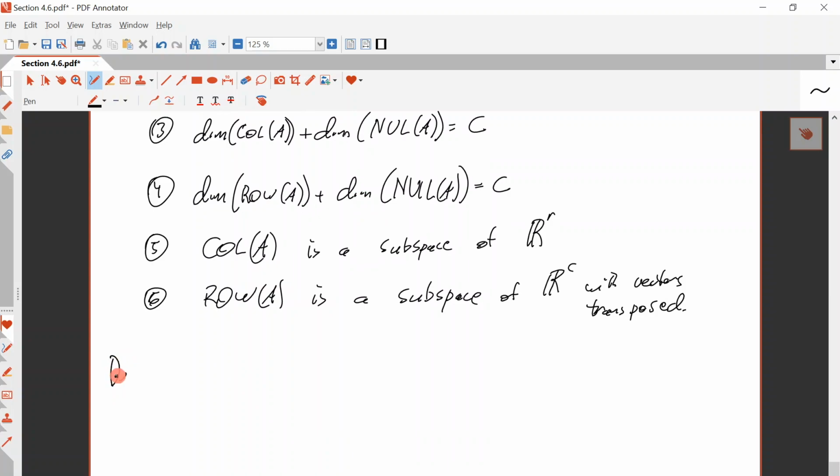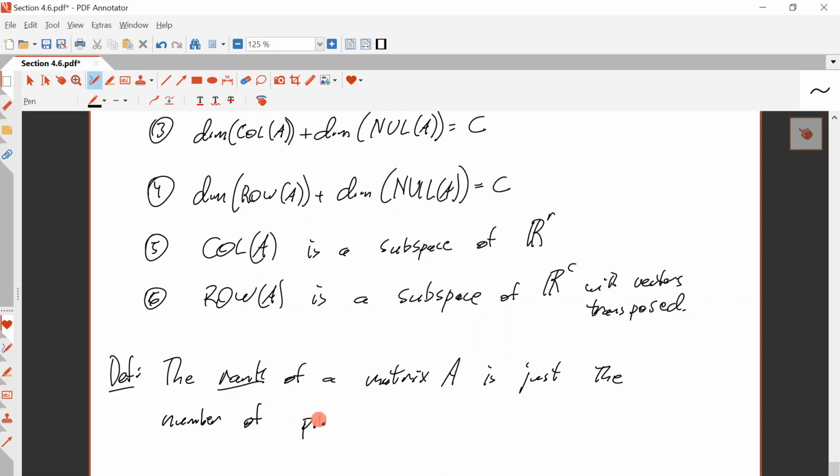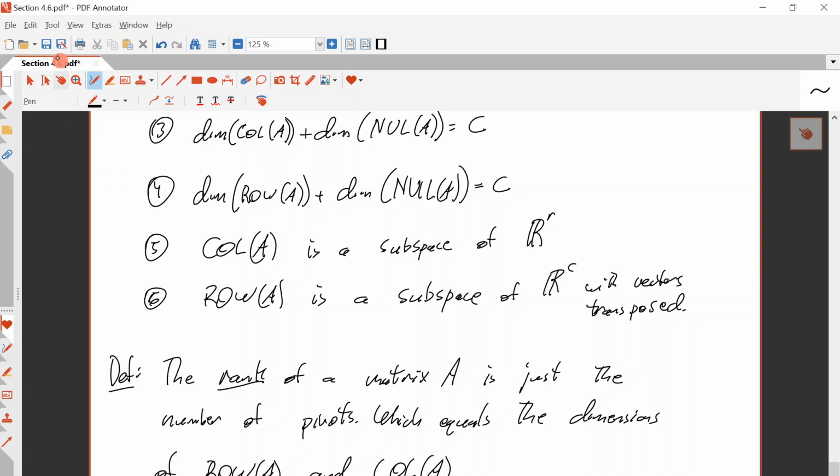And then finally, a definition: the rank of a matrix A is just the number of pivots, which equals the dimensions of the row space of A and the column space of A. So the rank of a matrix is just the number of pivots.